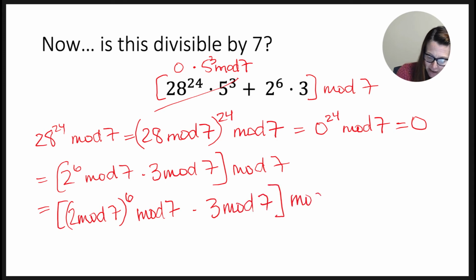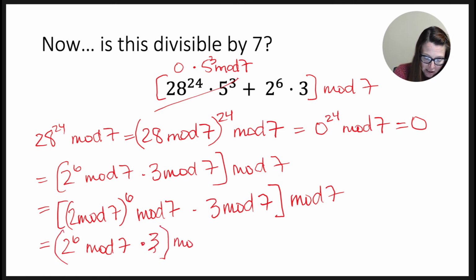It's a lot of mod 7s, but now they quickly go away. 2 mod 7 is 2, and so this becomes 2 to the 6 mod 7 times 3, because 3 mod 7 is 3. 2 to the 6 is 2, 4, 8, 16, 32, 64, and 64 mod 7 is just 1.